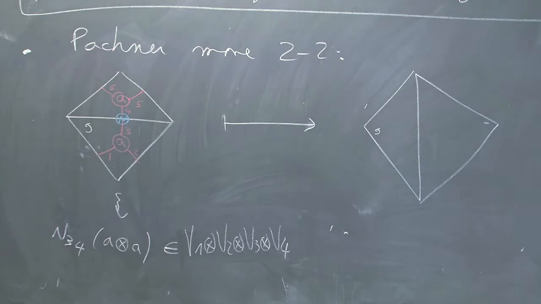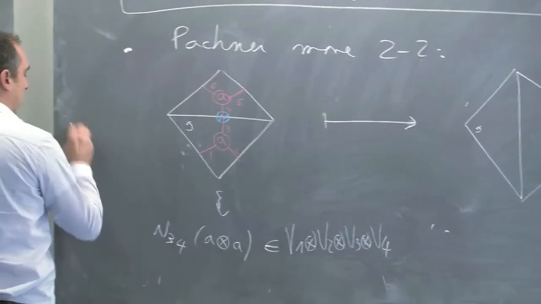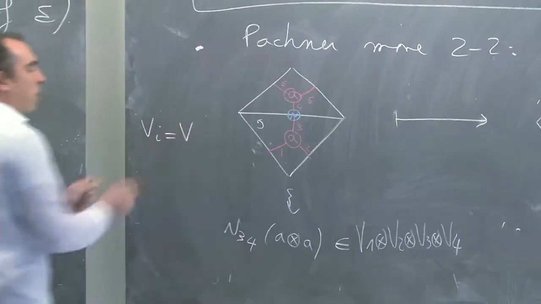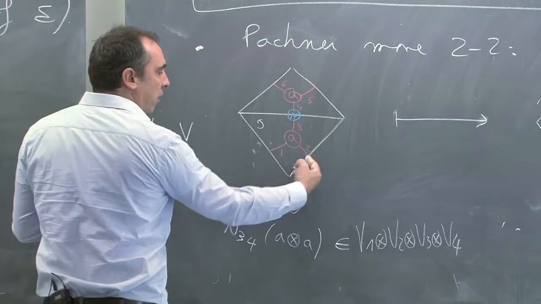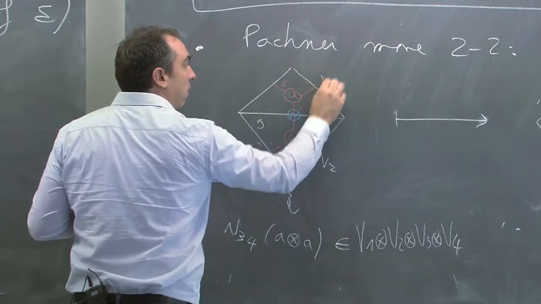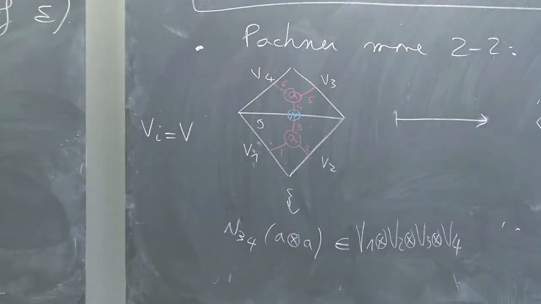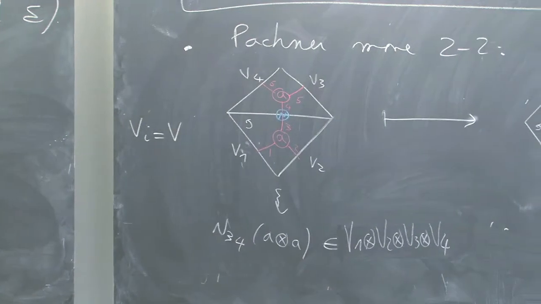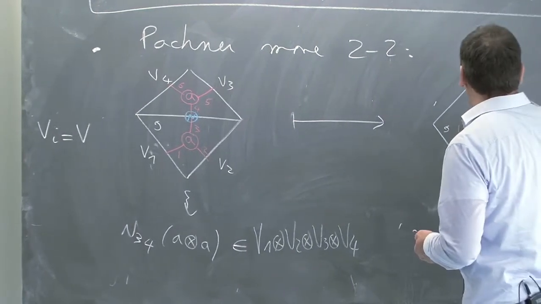So here, V_i are just copies of V. But here, for example, V1 corresponds to here V1, V2, V3, V4. So we do the same computation from the other side. So we have A.